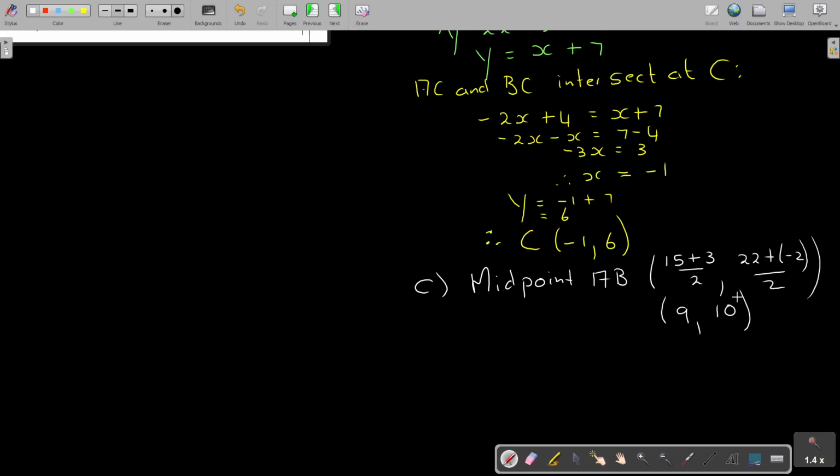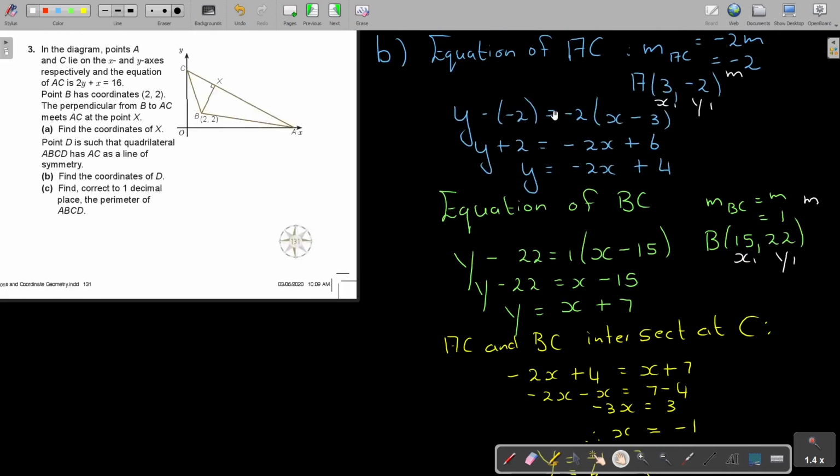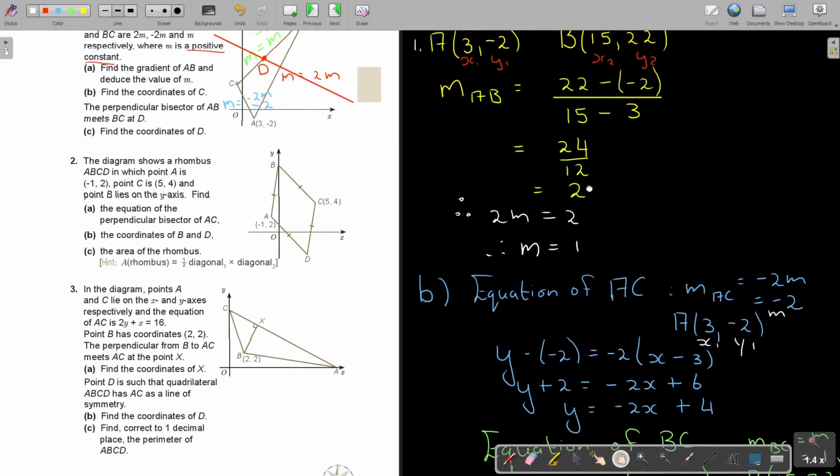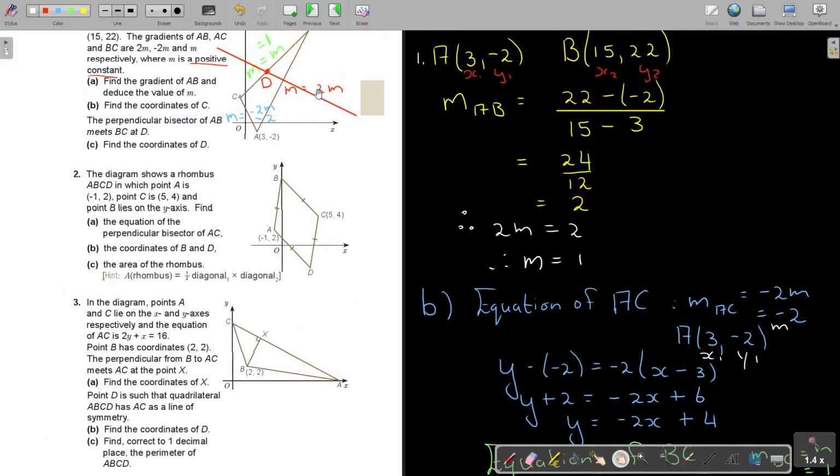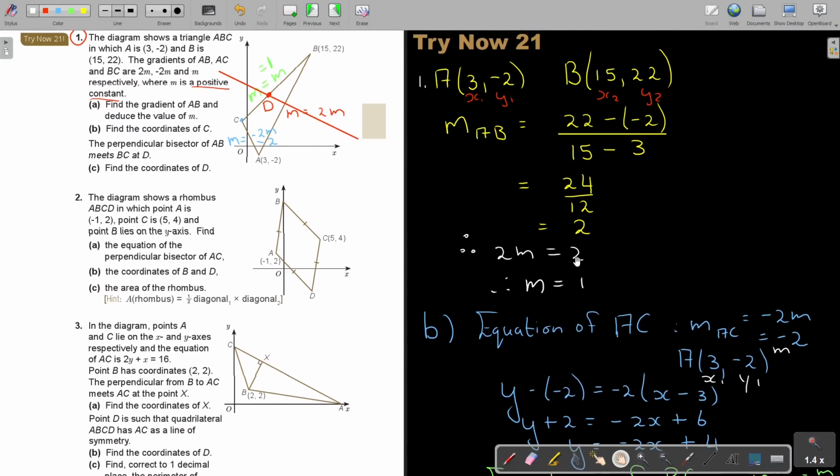Okay. And now I have the equation of the perpendicular. I have to take you back. You remember the gradient was 2. It was just 2. So if this gradient is 2, then the perpendicular line will have gradient negative a half.